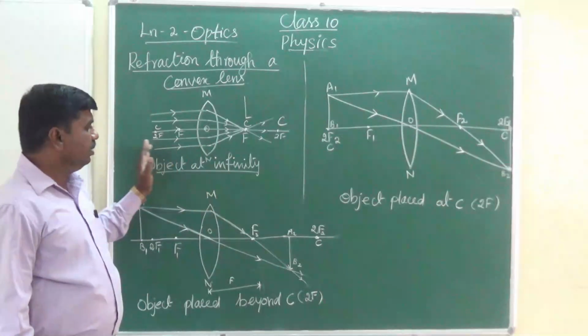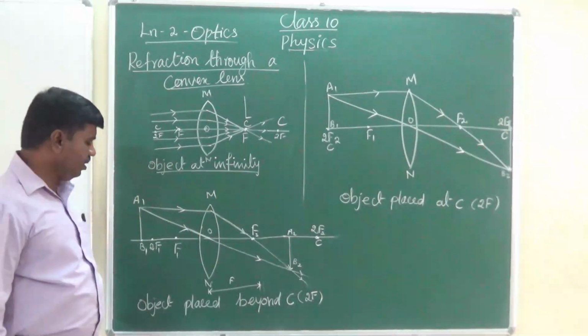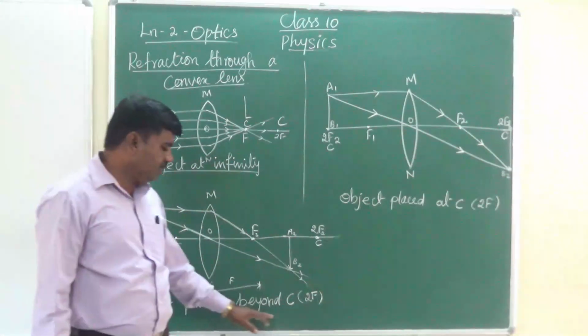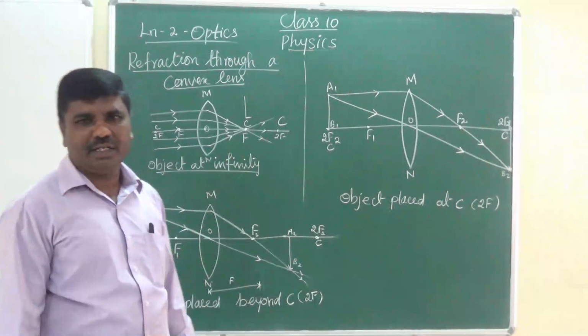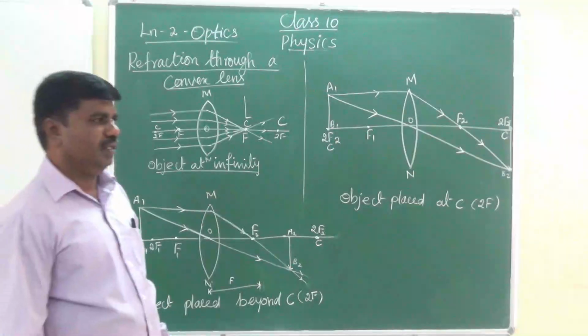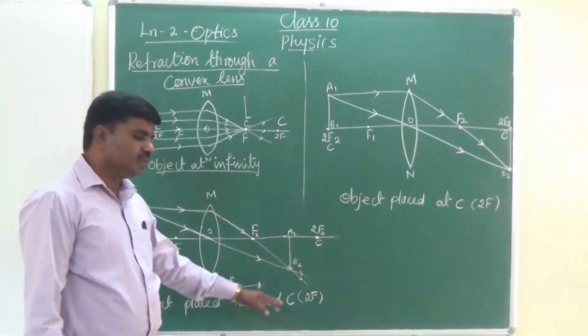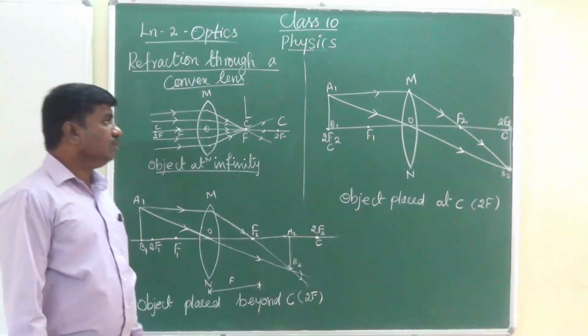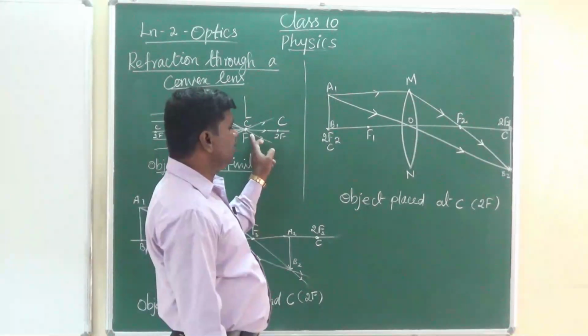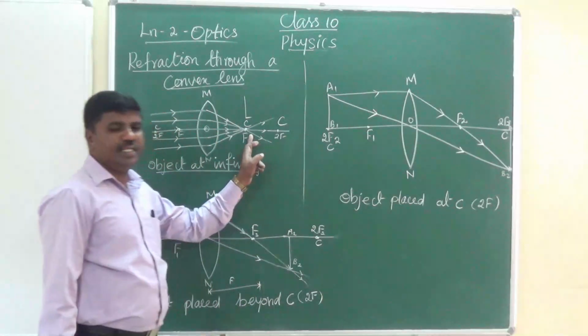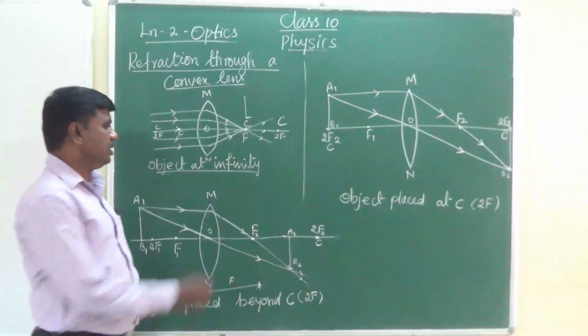The same way, next, the object placed beyond C, where C is nothing but the center of curvature, the radius of curvature, that is 2f. Before that, I told you f is nothing but the focal point. We can easily measure it by using a scale.